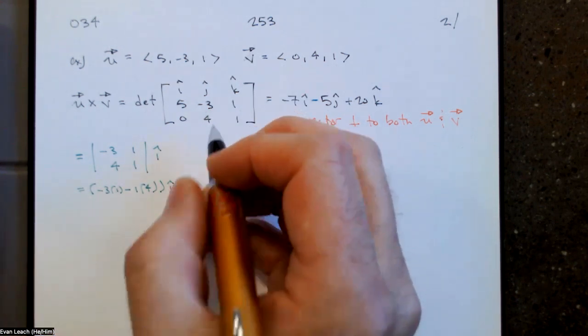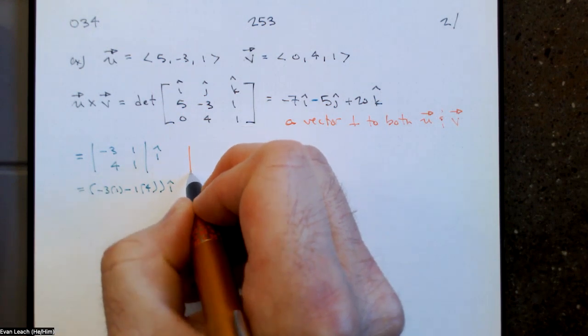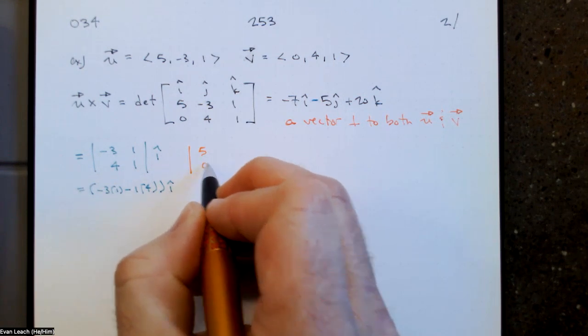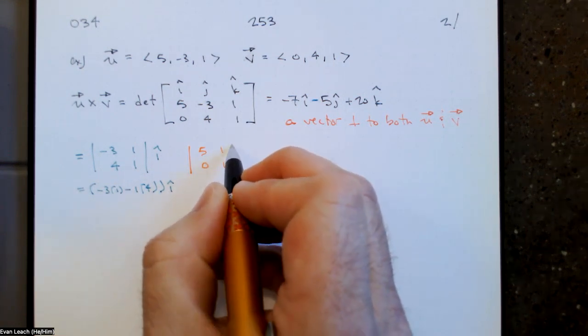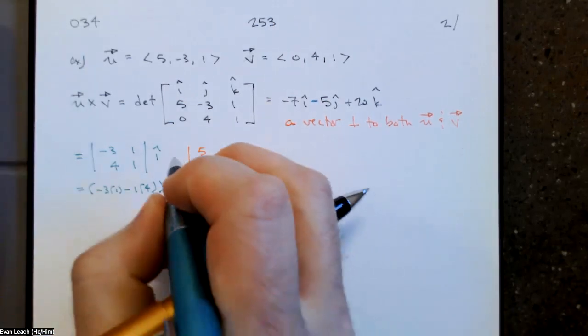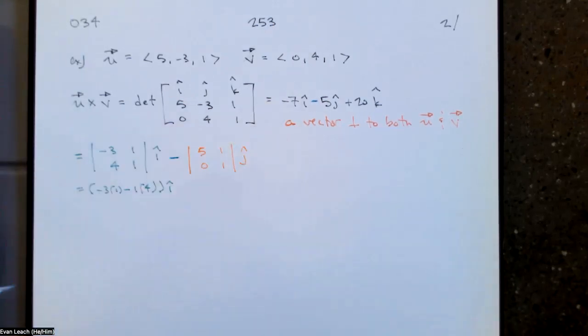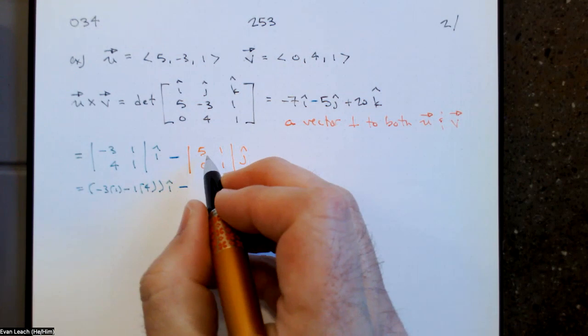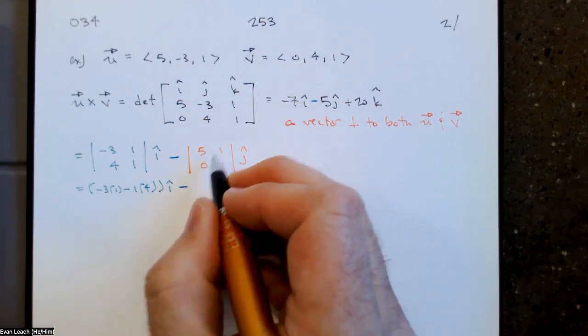Our next term is the J term. So our cofactor will be 5, 1, 0, 1. But we're doing a determinant, so we have to change the sign to a negative. Then the cofactor will be 5 times 1 minus 1 times 0.